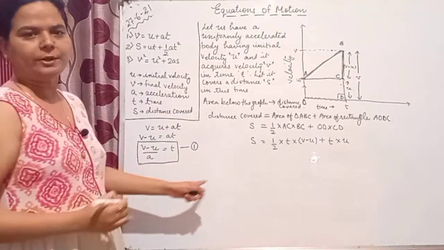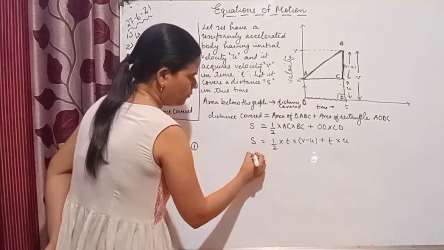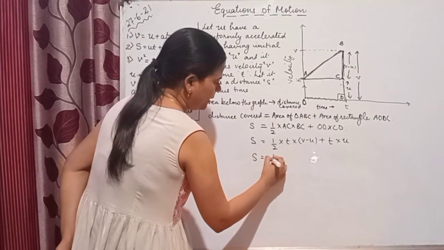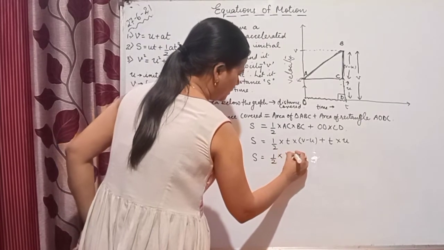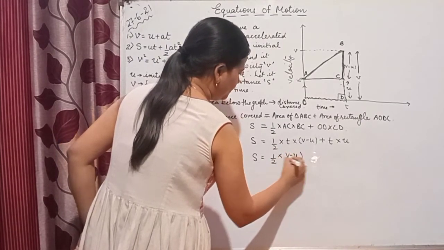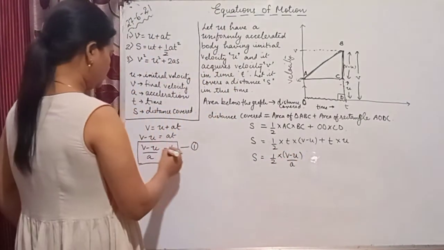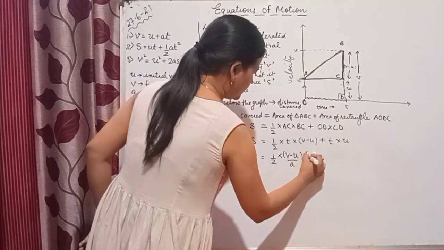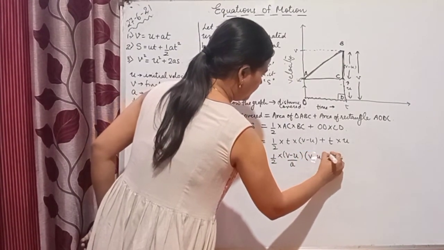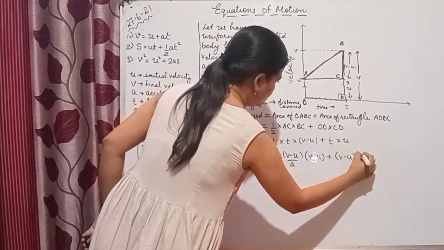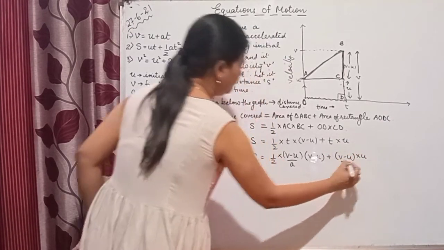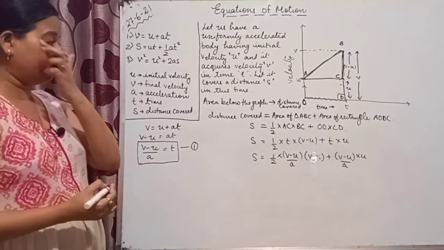So using equation 1, we get S is equal to 1 by 2 into V minus U upon A into V minus U plus V minus U into U upon A. This is what I have done.